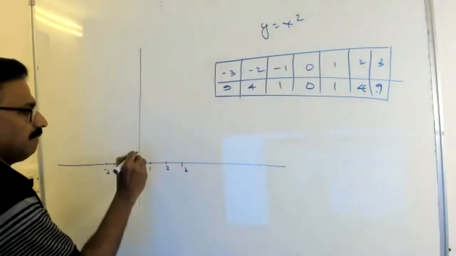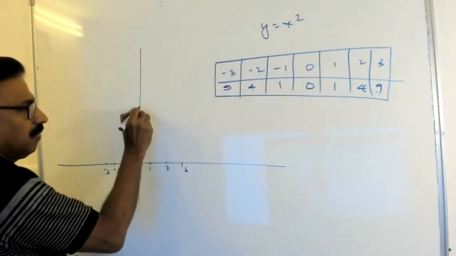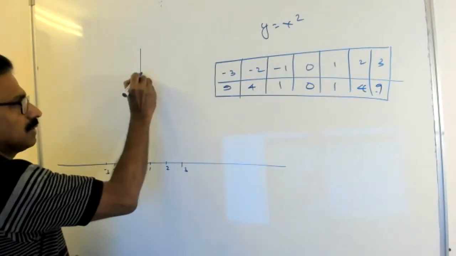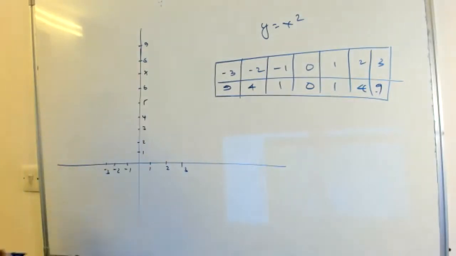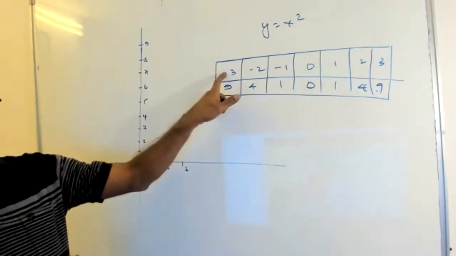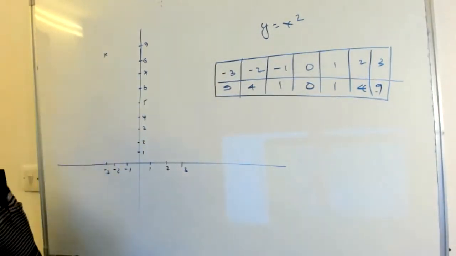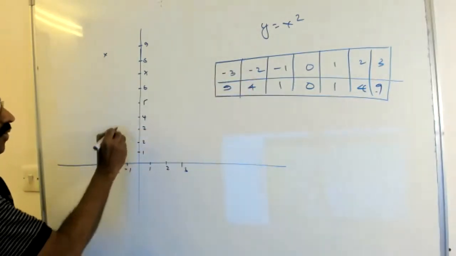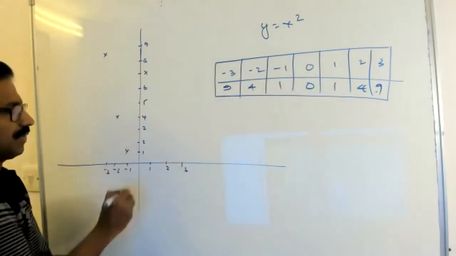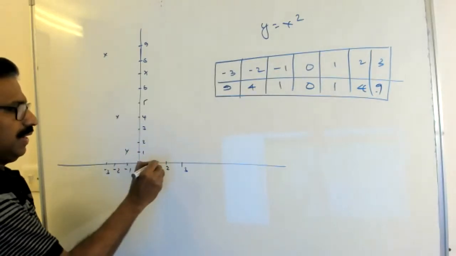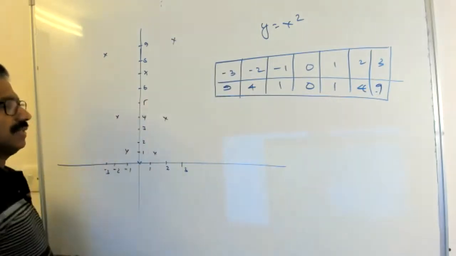So here 1, 2, 3, 4, 5, 6, 7, 8, 9. Look, -3, 9, I mark it here. -2, 4, I mark it here. -1, 1. Then 0, 0. Then 1 here, 2 here, 3 with 9 here, like this.